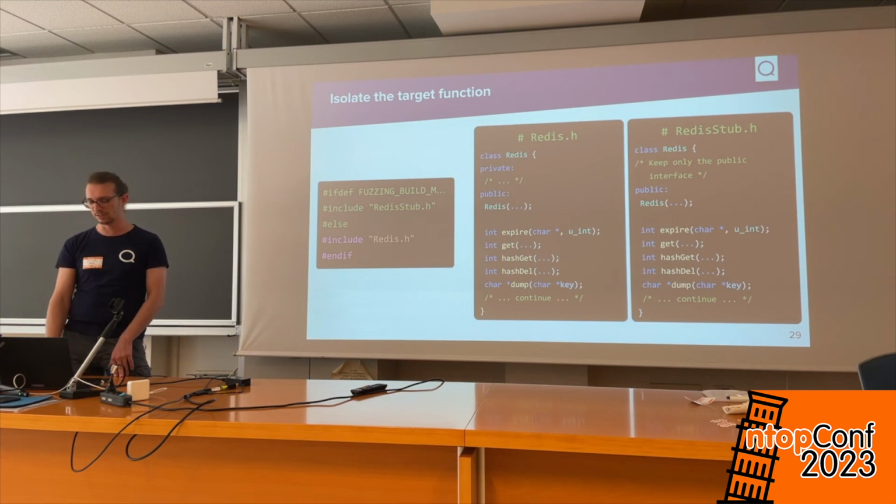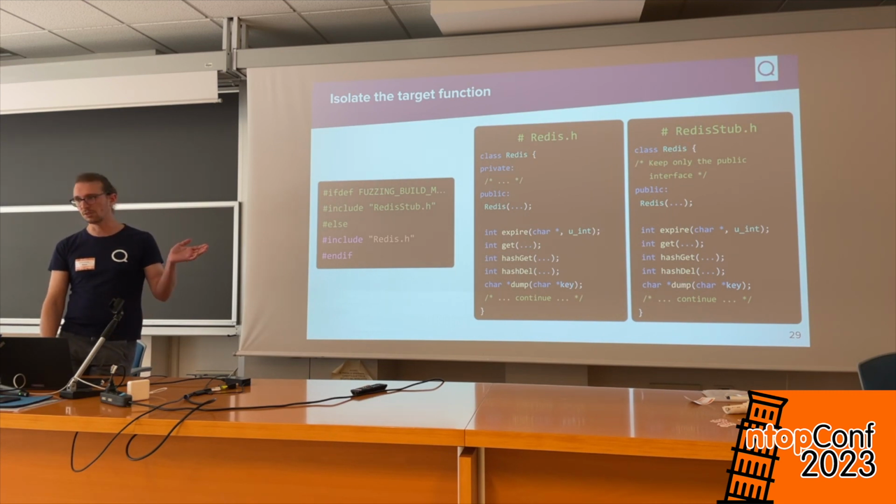So it was quite simple after all. We just needed to replace it. Every time we had this include Redis page, using the same macro as before, fuzzing mode and safe for production, we just, instead of including Redis page, include the Redis stub, that is my implementation.